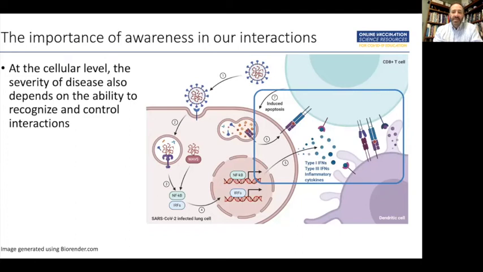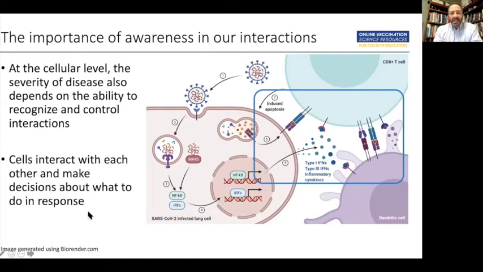The other two cells shown in this diagram are cells of the immune system, a T cell and a dendritic cell. You'll notice that these cells are all interacting with each other. Their ability to recognize each other is a factor in the recognition and control of the infection.